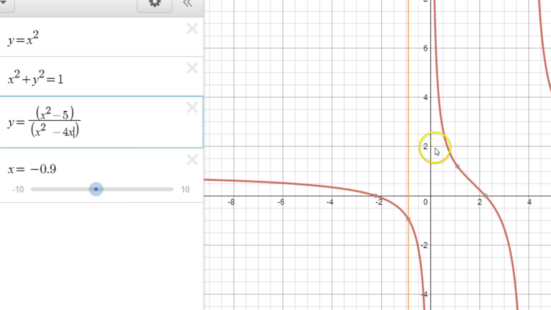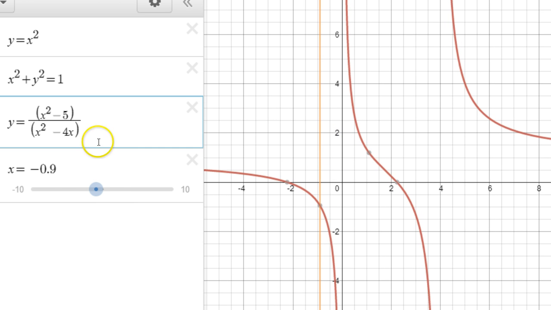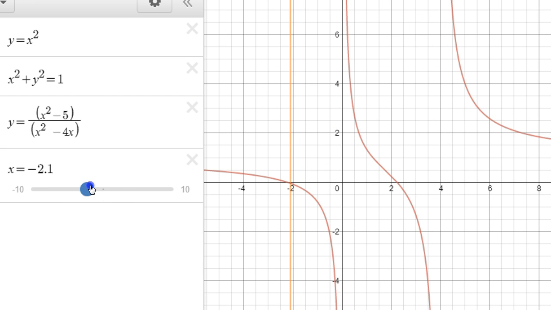As you can see, this thing gets really funky really fast. But if I graph x equals 0, I'm going to find an asymptote, and if I graph x equals 4, I'm going to find another asymptote. So you can also see graphically what the domain and range is.